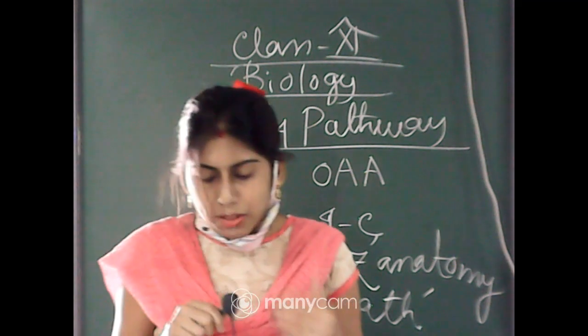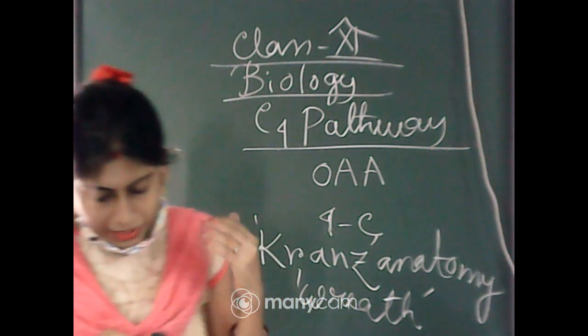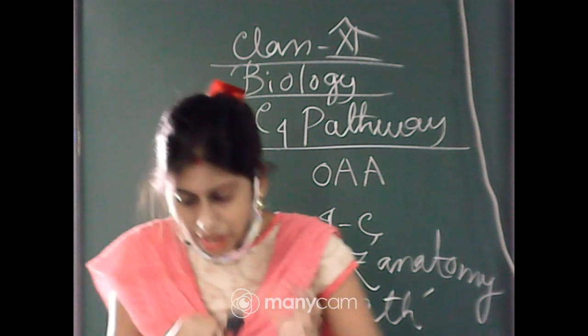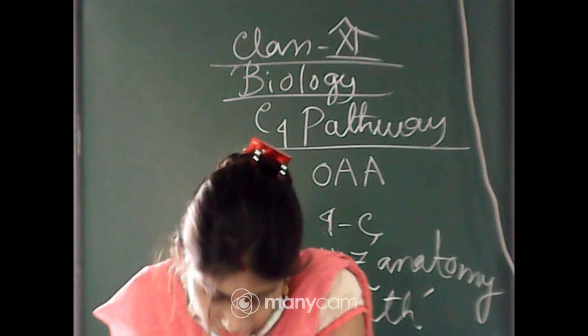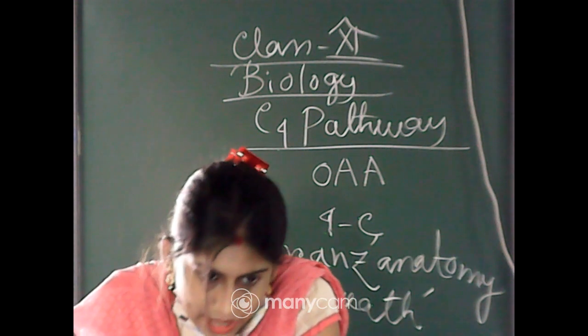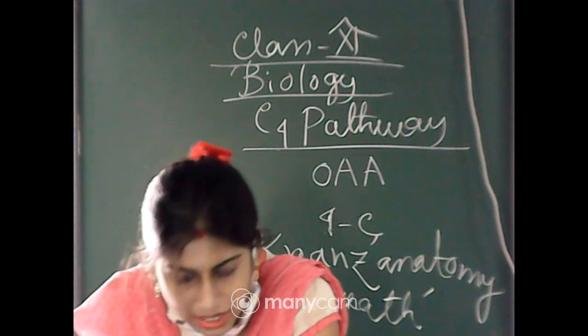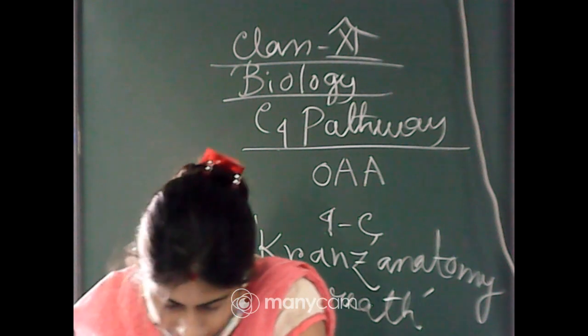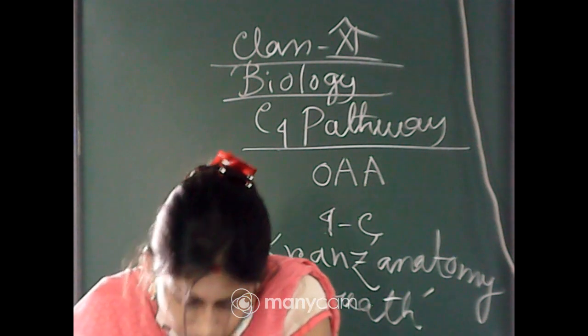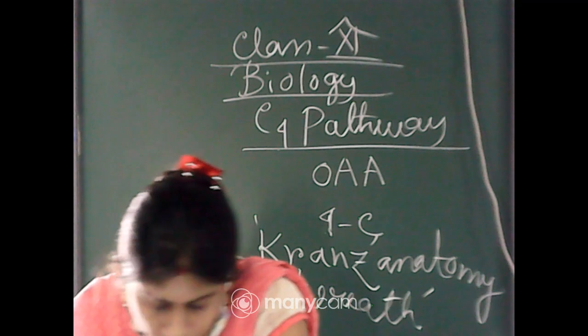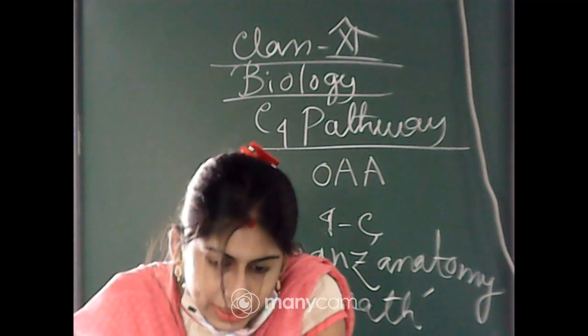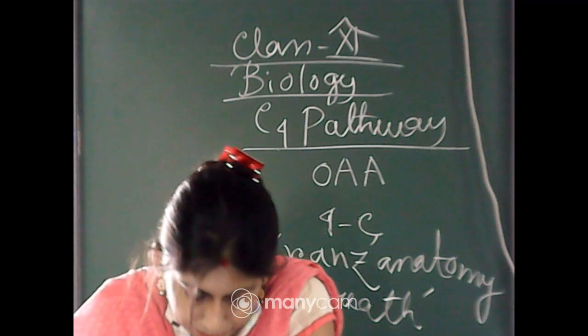Now, these bundle sheath cells can form several layers around the vascular bundles. They are characterized by having a large number of chloroplasts and thick walls that are impervious to gaseous exchange, and no intercellular space will be there.